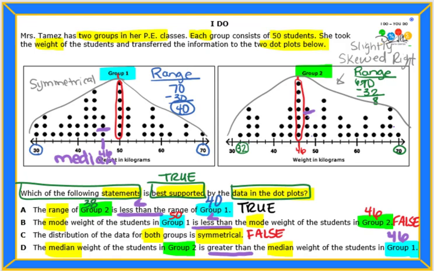So we know we have the halfway mark, and that halfway mark is at 48 right here, and that's our median. If we put 48 here, it says 48 is greater than 46, and that is also true.